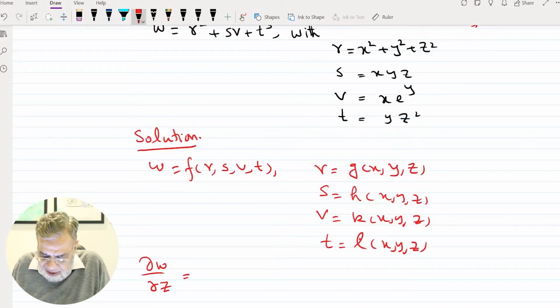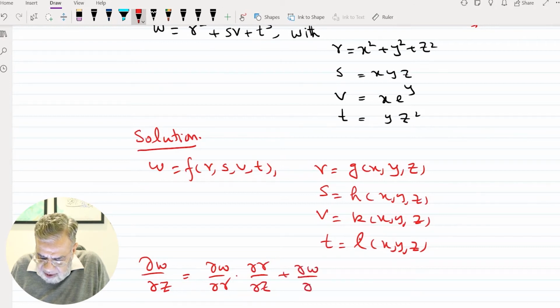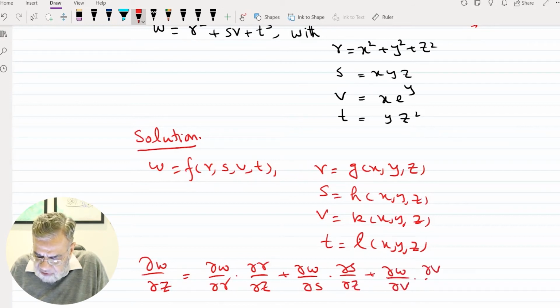So we get partial w by partial r into partial r by partial z, plus partial w by partial s into partial s by partial z, plus partial w by partial v into partial v by partial z, plus partial w by partial t into partial t by partial z. That's how we can write the formula.